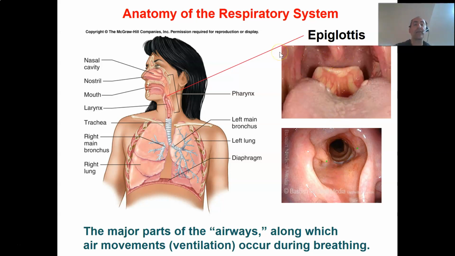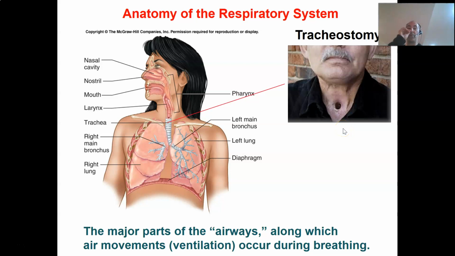And when doctors have to intubate a patient, they have to be able to maneuver the tongue out of the way with something called a laryngoscope, and wait until the person takes a breath in, so that the epiglottis will get out of the way of the trachea, and then the endotracheal tube can be placed inside the trachea, as opposed to accidentally placing it in the esophagus.